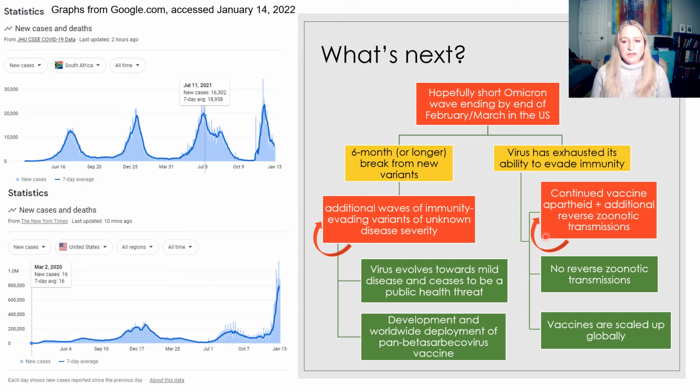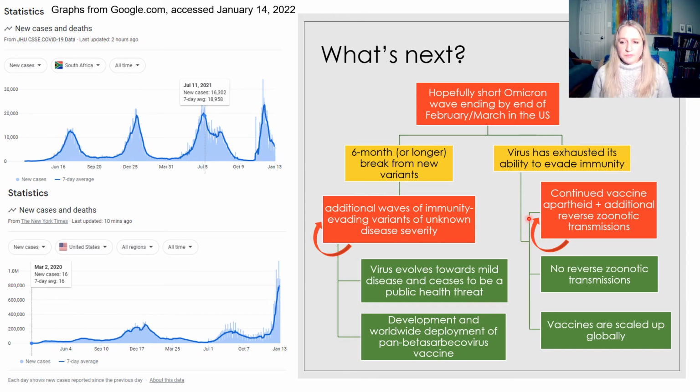Because the immunity generated by the vaccines is actually stronger and more durable than immunity from natural infection. We've seen that in many places in the world where there have been waves of COVID, and they thought there was herd immunity in an area, such as in Manaus, Brazil, but another wave comes along and people can be infected again.